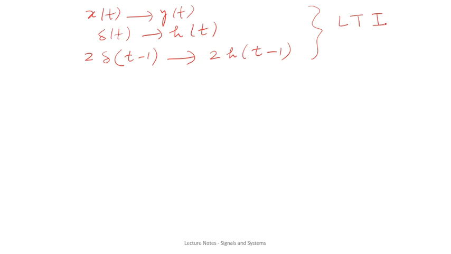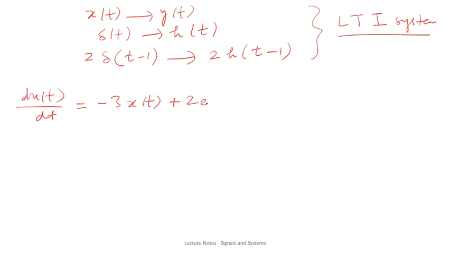It is already mentioned in the problem that the given system is an LTI system, that is, it has both the properties of linearity and time invariance. Now this dx(t)/dt, which is obtained as -3x(t) + 2e^(-3t) delta(t-1), was already obtained in the previous slide.